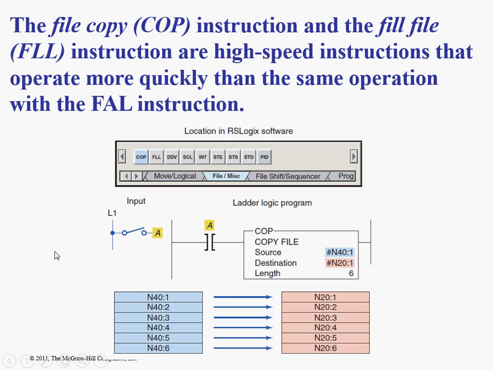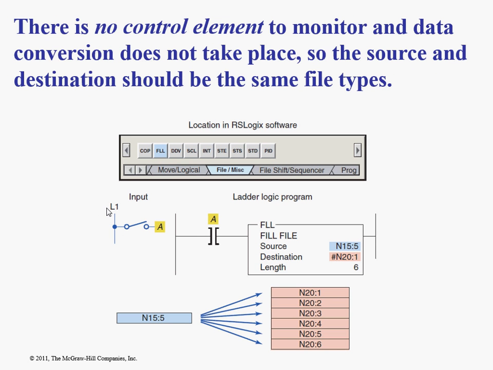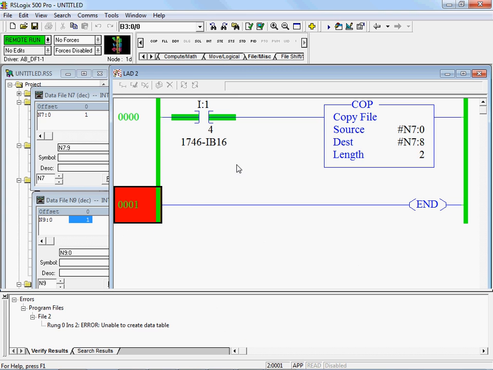So I skipped over some of these instructions just simply because, you know, we're limited time here, and I hardly ever see them. So let's look at this, a fill instruction.